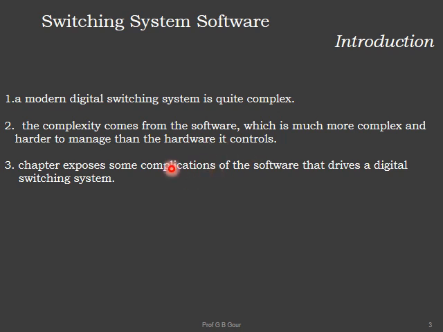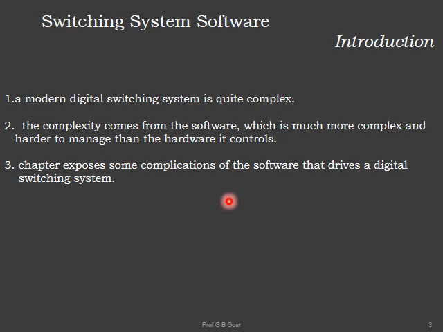So this part of module 4 is going to expose such kind of complications of the software that drives the DSS. The main thing is that we are getting the picture that the DSS software is going to be genuine, and it is going to be more complex, and rather than being easily controlled by hardware, it is very difficult to manage.